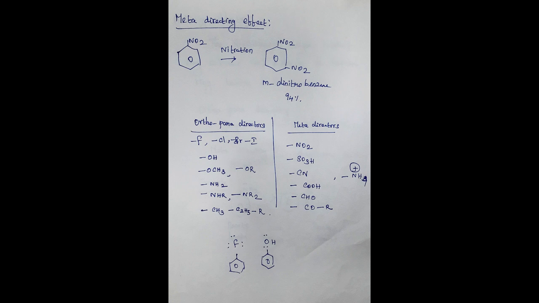These groups come under ortho-para directors. And for meta directors, we have some examples: nitro group, cyano, carboxylic acid, aldehyde, keto, and ammonium. These are meta directors.